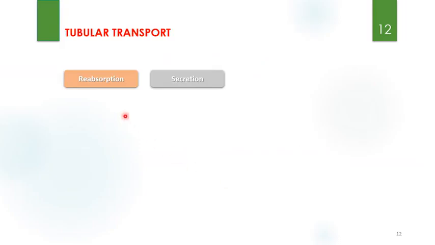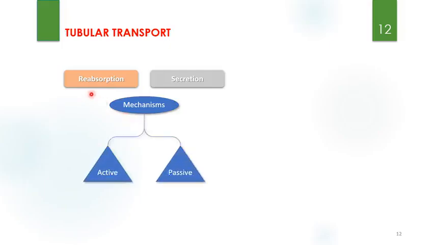Tubular transport includes two main processes: reabsorption or secretion. For these two processes, the mechanism can be active or passive. The third mechanism is bulk flow by way of Starling forces.